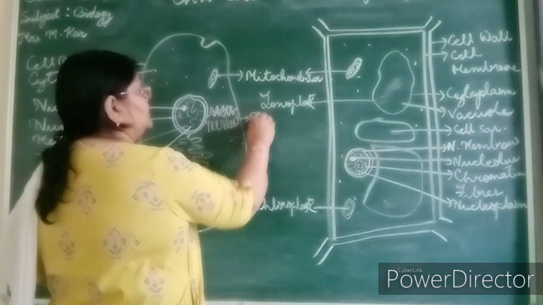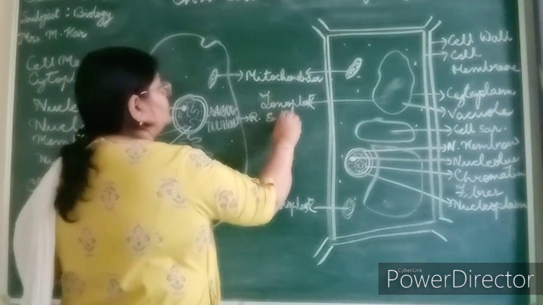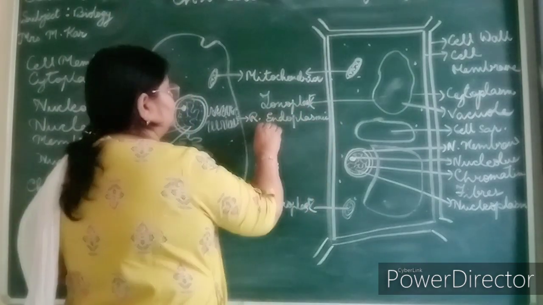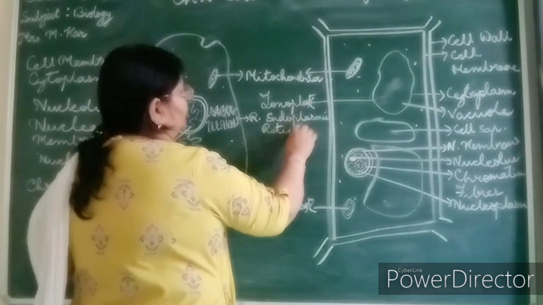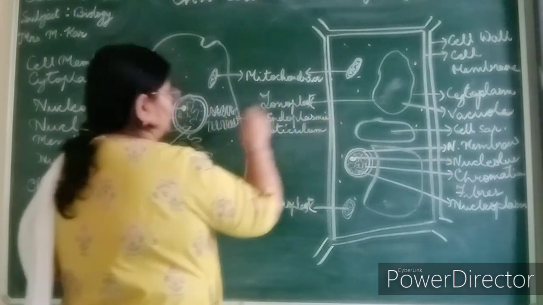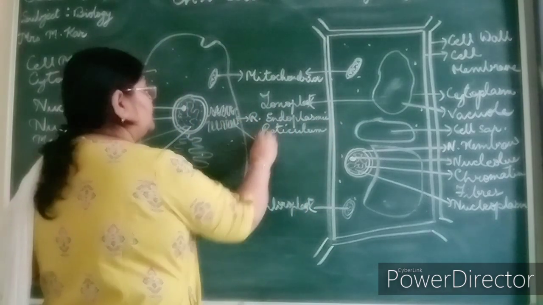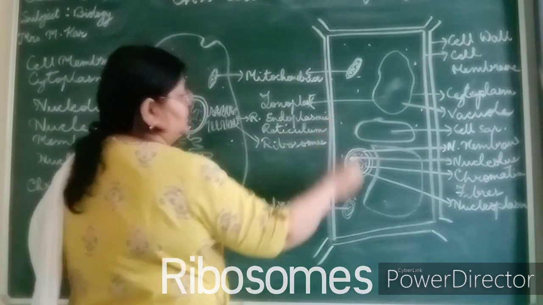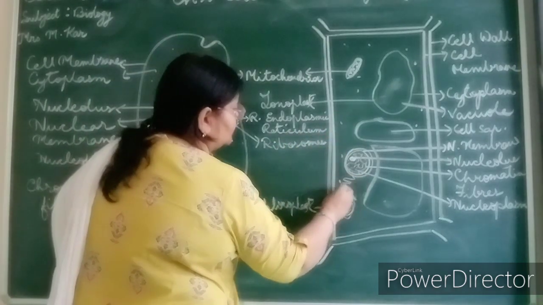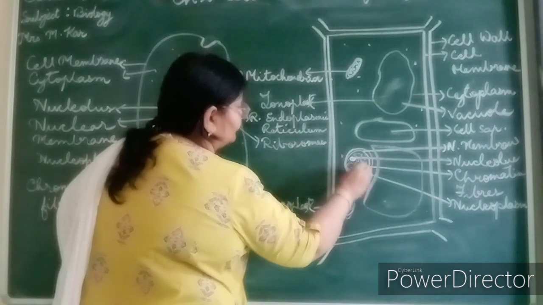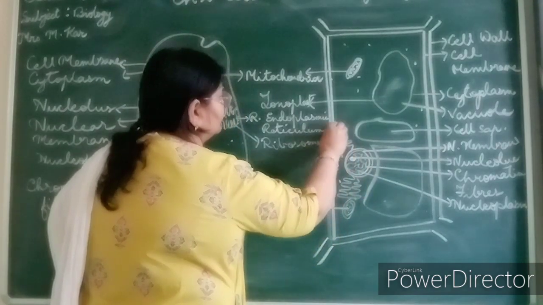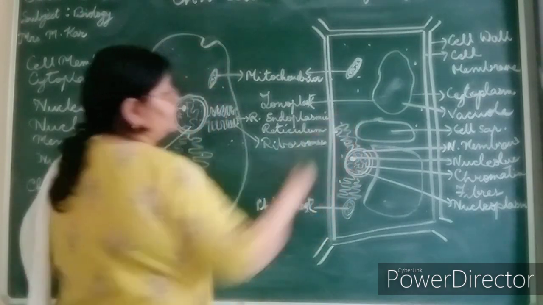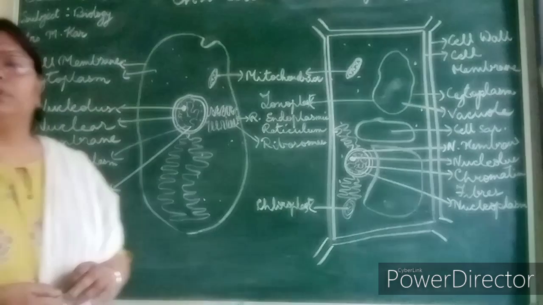So this is rough endoplasmic reticulum. And what are these dots that make it rough? It is ribosomes. It is also present in plant cell, which may also have ribosomes.